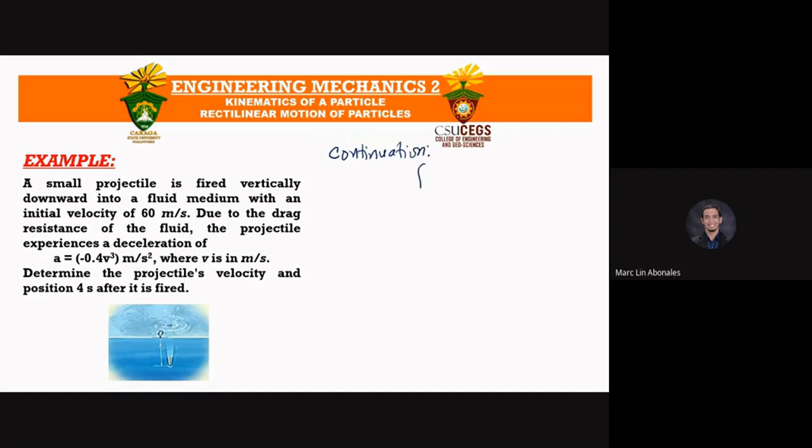So integral of dt is equal to integral of dv over negative 0.4 v cube. Since we use definite integral, para mas diretso na nato ma-determine ang projectile's velocity.